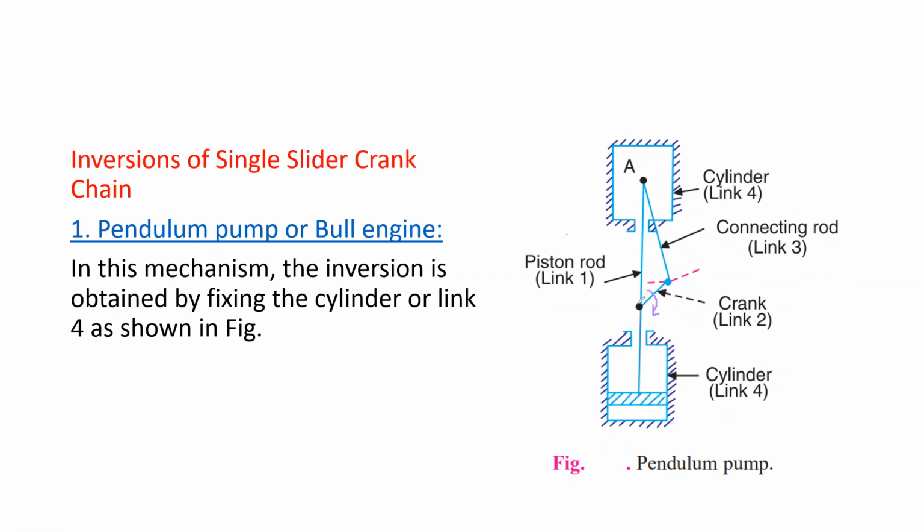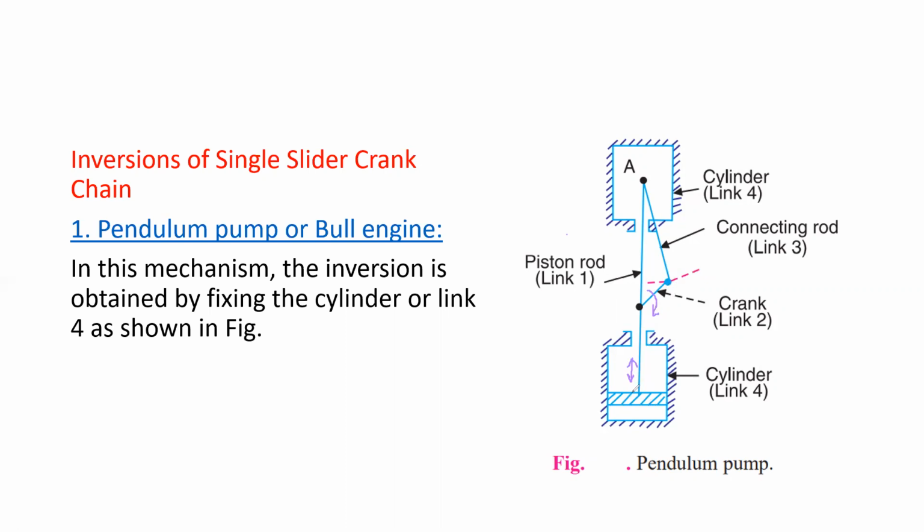This point may be up. Okay, so when this will rotate, what will happen? This connecting rod will oscillate here like this. And when it will oscillate, at that time this piston will reciprocate in this cylinder like this.